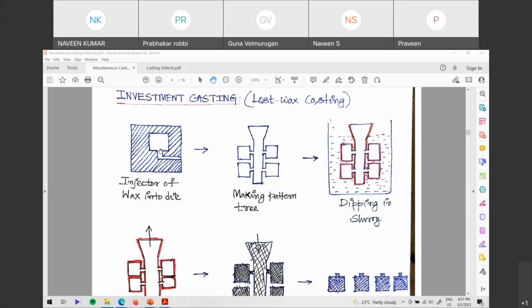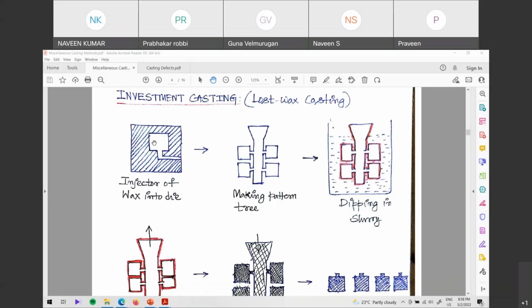Through this opening, you will pump or inject the wax. After injecting the wax, you know the properties of wax, it will cool very fast. Once it has cooled, you disassemble this mold box so that you can remove this wax pattern out of it. So this wax, which is cooled off, is a pattern, a replica of the object that you want to manufacture.